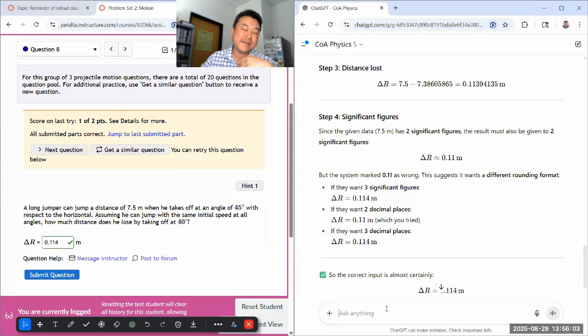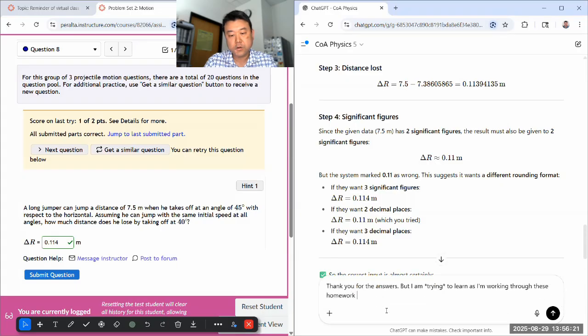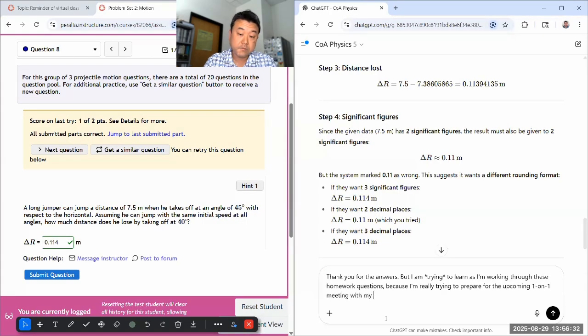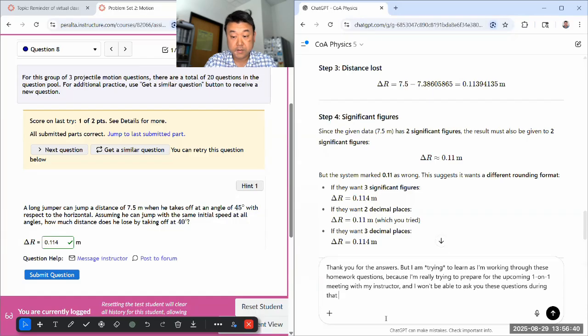So let me give it my usual prompt, and then I'll just do one more question properly. Thank you for the answers, but I am trying to learn as I'm working through these homework questions, because I'm really trying to prepare for the upcoming one-on-one meeting with my instructor, and I won't be able to ask you these questions during the meeting.